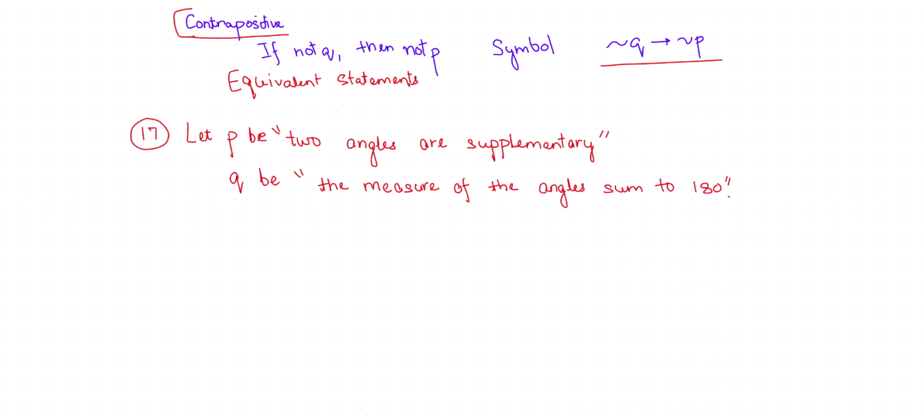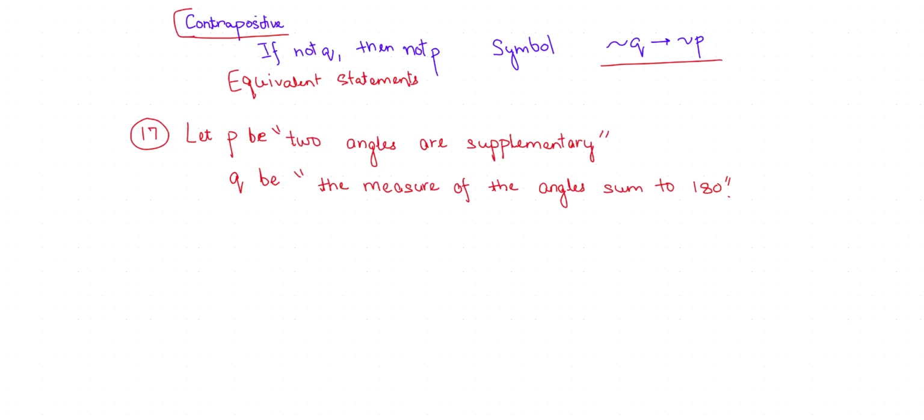Now we have to write its conditional statement, converse, inverse, and contrapositive. So P is given and Q is given. Let's write the conditional statement.